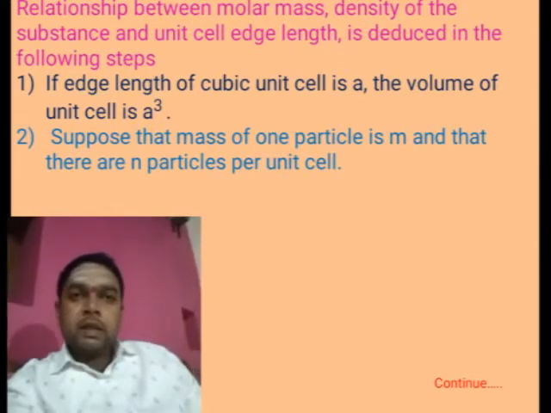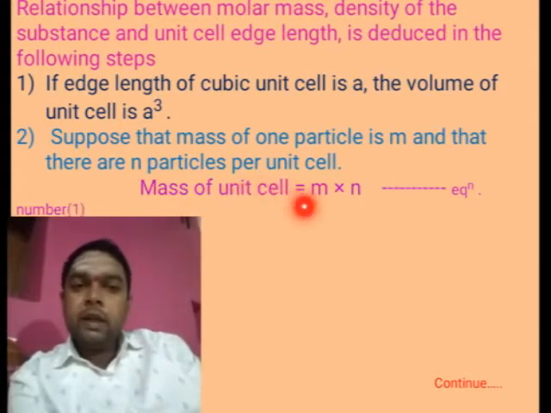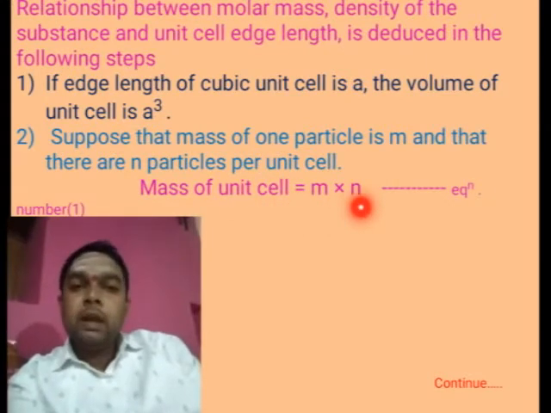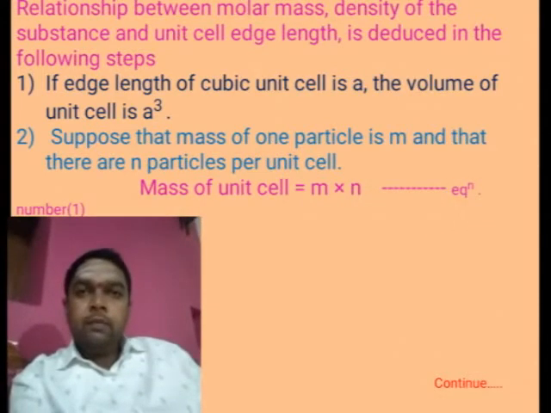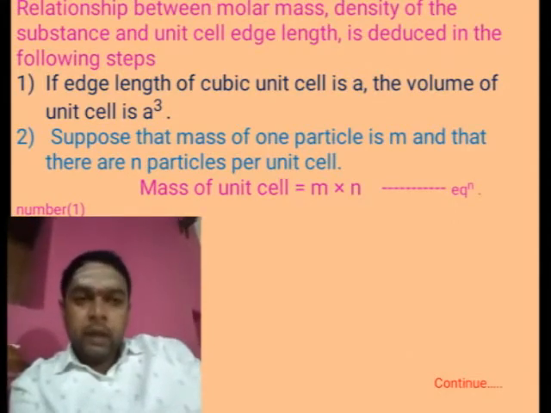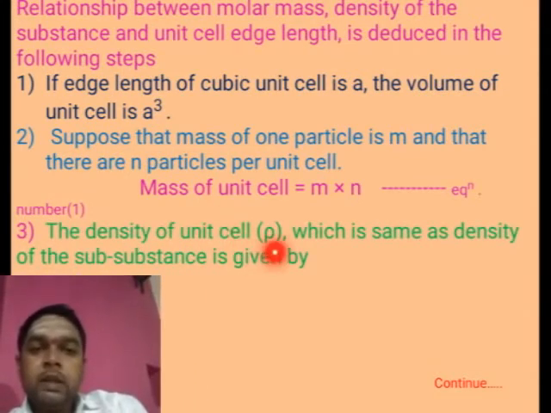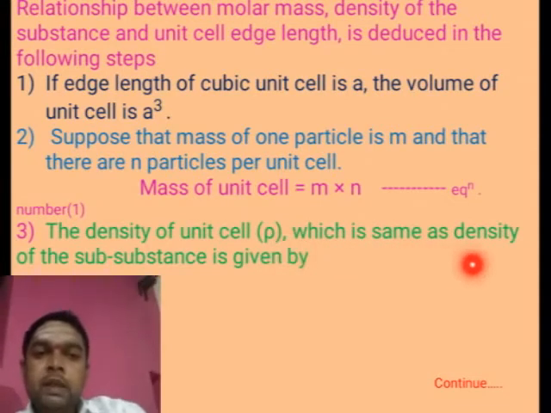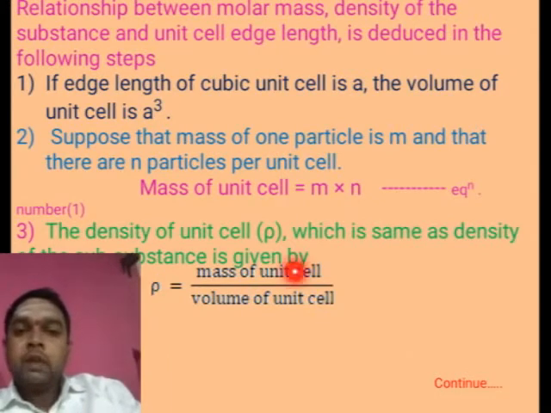Therefore, the mass of the unit cell is m times the number of particles, n. This is equation number 1. Then the density of the unit cell: density means mass upon volume. So the unit cell density rho equals the mass of the unit cell upon the volume of the unit cell.